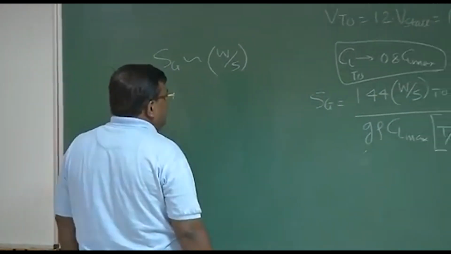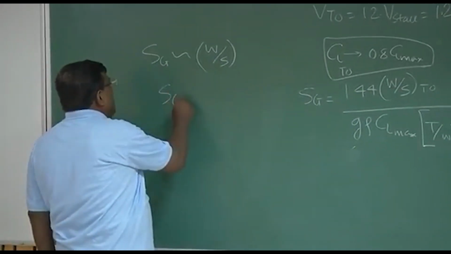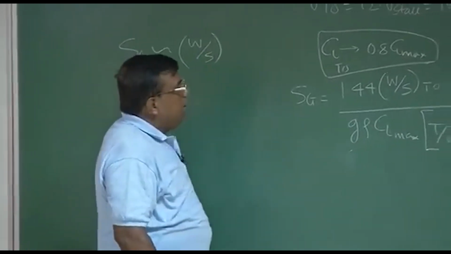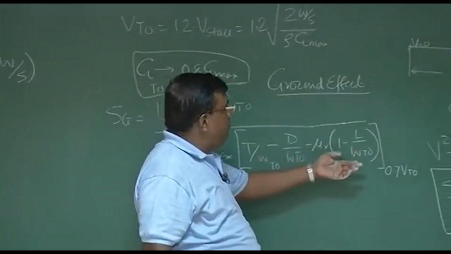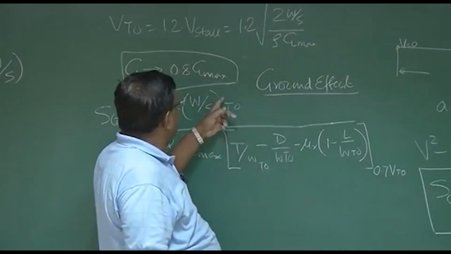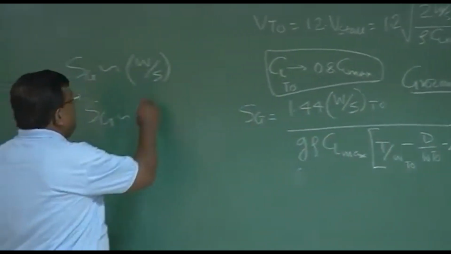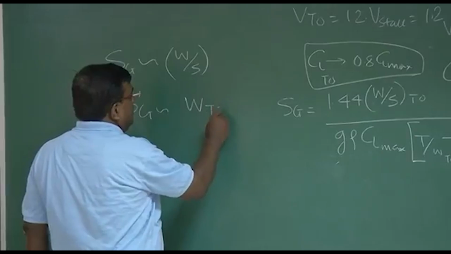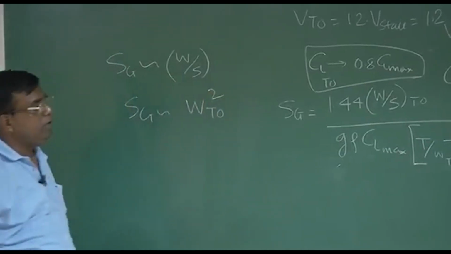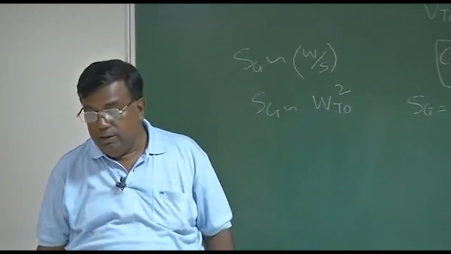Then also we see that SG, if you carefully see, if I take this W takeoff on the top here, right? Then actually SG will be proportional to W takeoff square. What is the message?